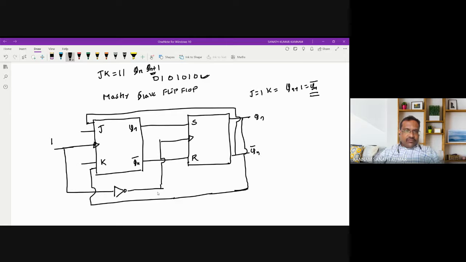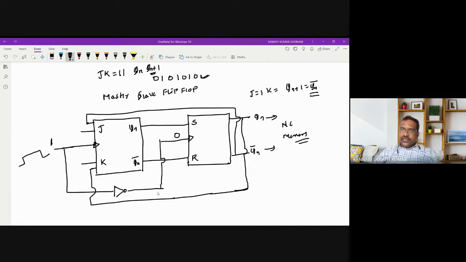When the clock is 1, it is given through an inverter to the SR flip flop, so here the clock is 0. In the SR flip flop we have seen that when the clock is 0, whatever the inputs, the outputs will be in the no change or memory state.